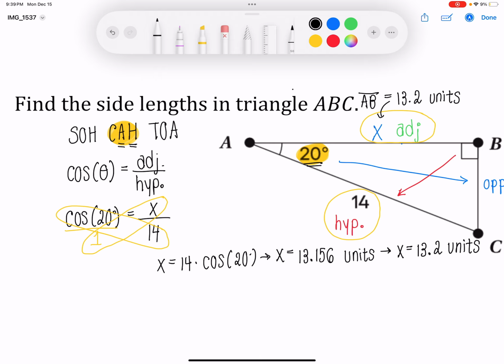And then I can now find the opposite side by using either the Pythagorean theorem or by using another trig ratio. So let's practice another trig ratio. This time I'm going to circle what I know, which is still the hypotenuse. And now it's going to be what I need to know, which is the opposite side, and I'm going to label this as y.